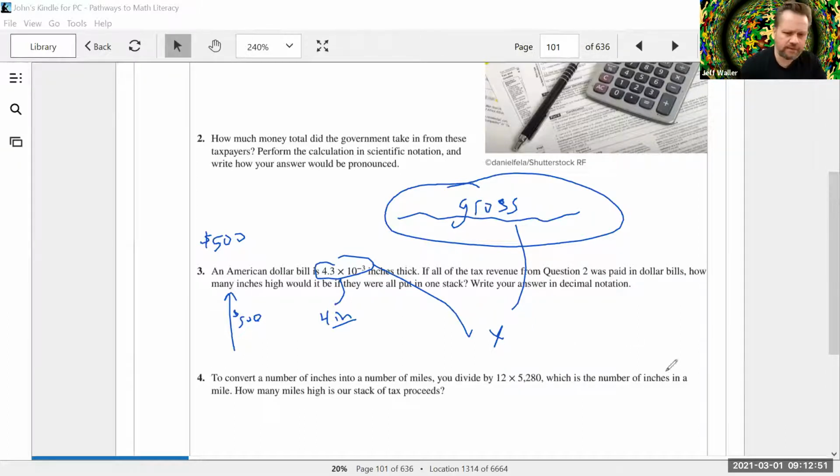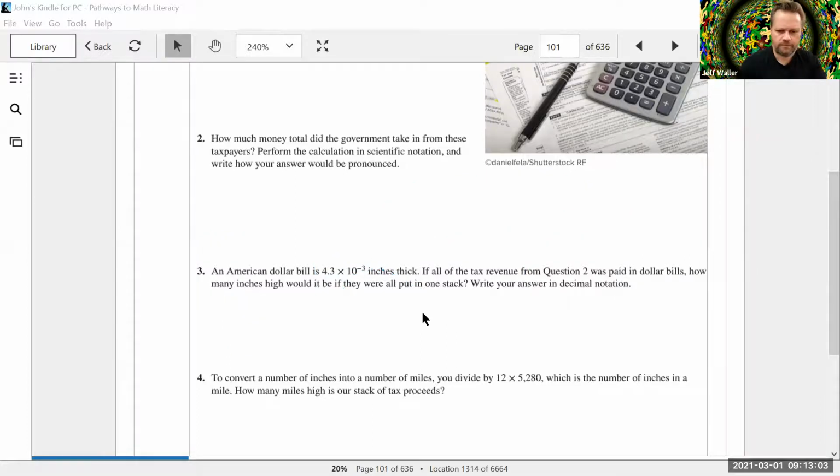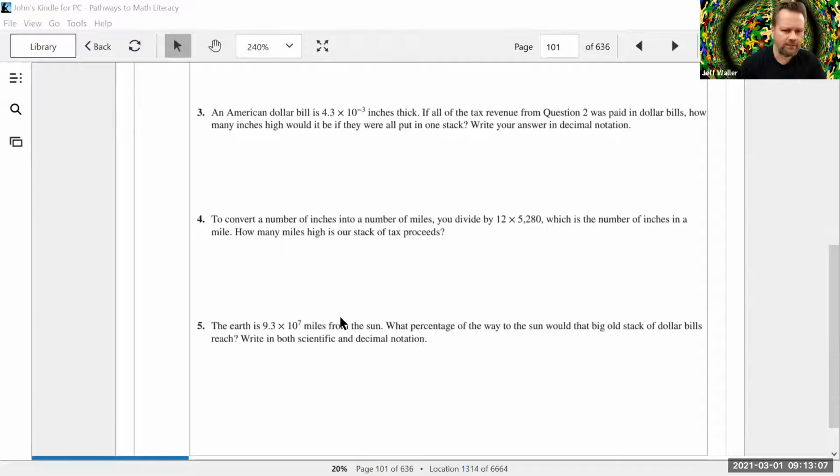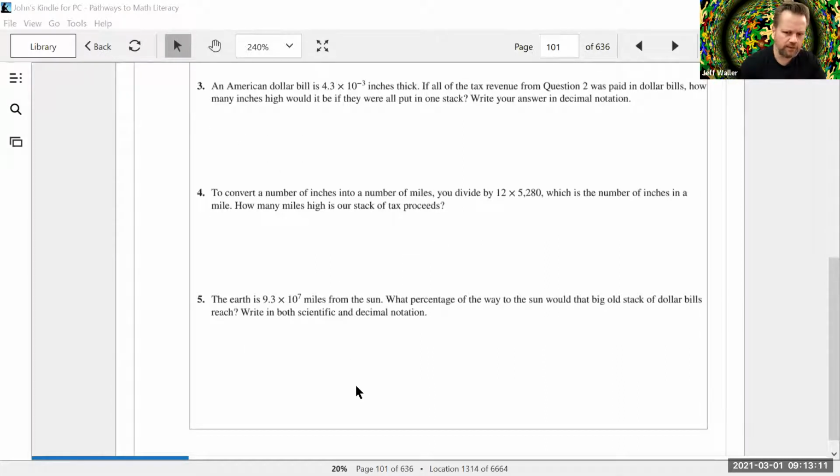Hopefully this is helping, because when I graded this, I saw a lot of people were having issues, and mostly it was about what to do, right? What do I do with these damn numbers? All right. And then that same kind of trick will get you through quite a few of these.